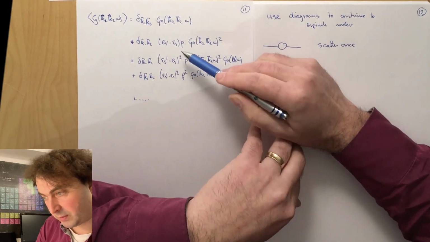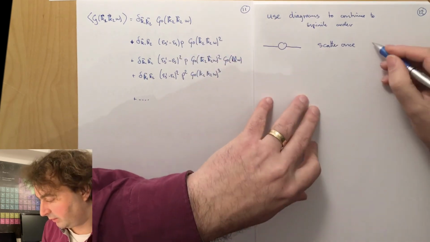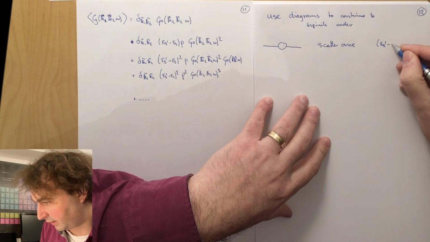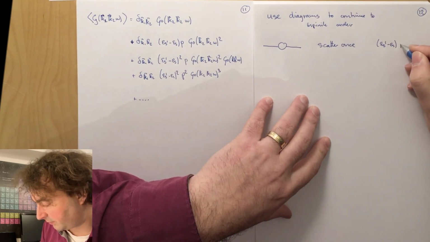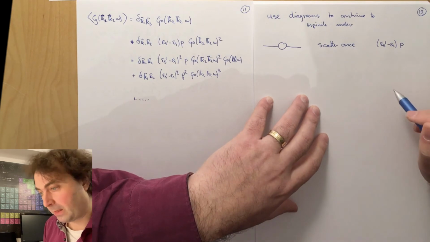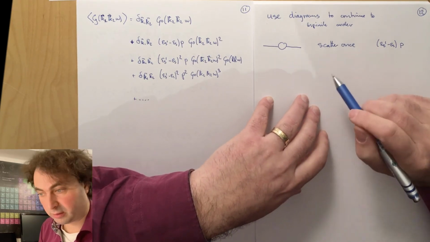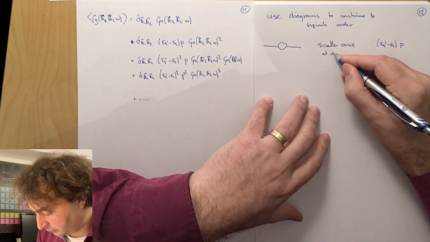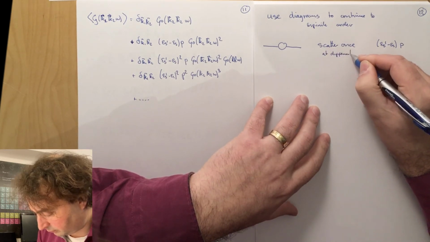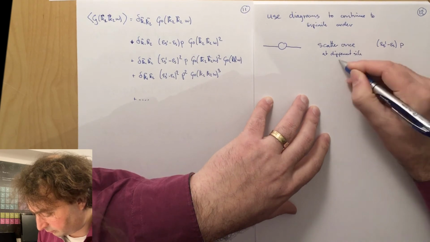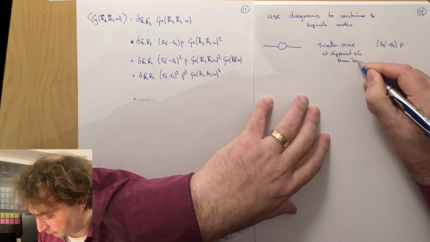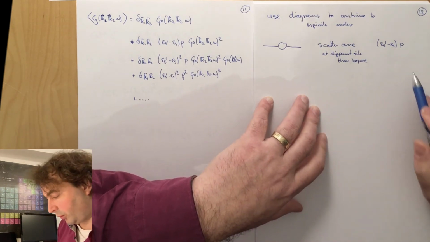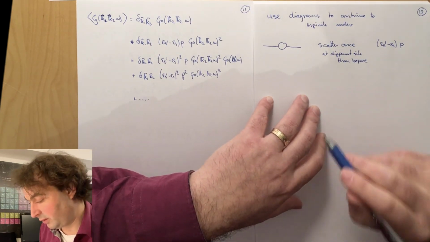If this happens and you scatter once, then we have a factor that is adding, that is epsilon s prime minus epsilon s times p. And for that we have to make sure that you scatter once at a different site than before. If you would scatter at the same site, then I for sure know that you have an impurity there, so we don't have to add another p.